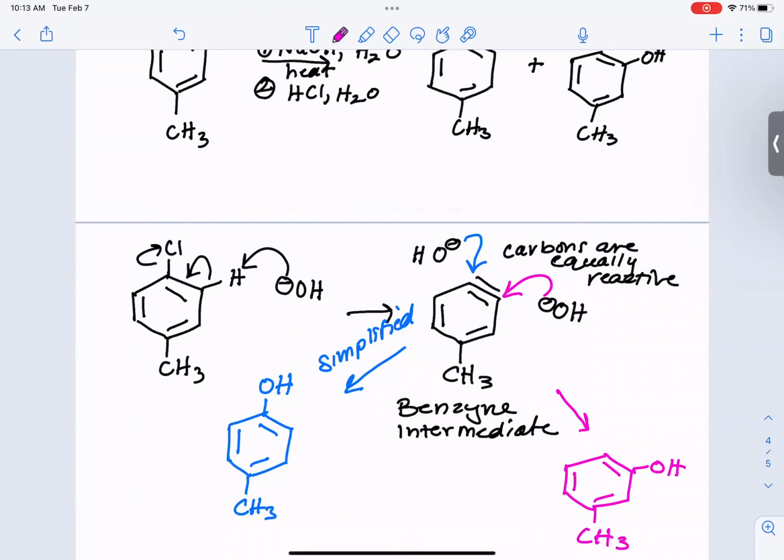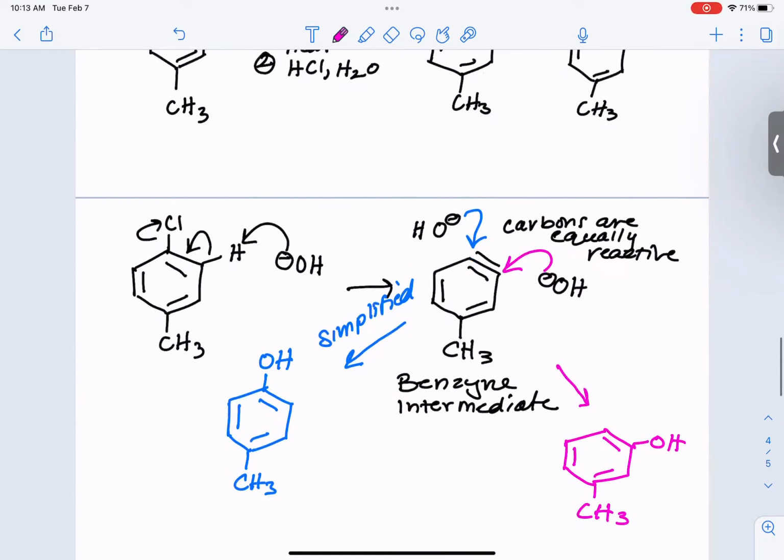So when you have a substituent on the ring, that's when you can get a mixture of products. You're supposed to show both, right? Yes.